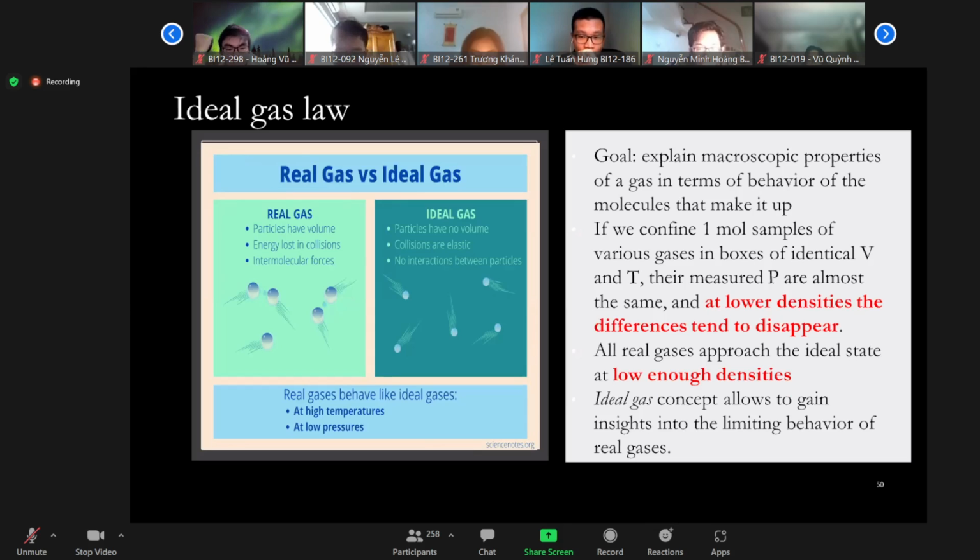Then we find mostly the same thing. Therefore, the ideal gas concept allows us to gain insights into the limiting behavior of real gases. Instead of studying real gases, we can study the ideal gas, and we can already have good ideas about the limitation of the real gas.